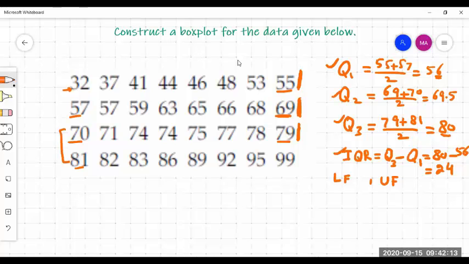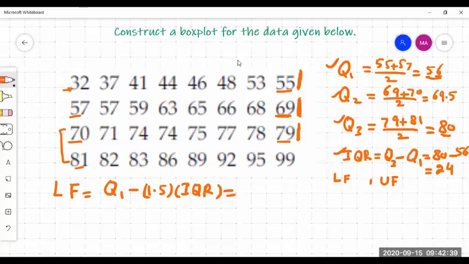The next are LF and UF, the lower fence and upper fence. The lower fence is Q1 minus 1.5 times IQR, the interquartile range, right? And for Q1, we got our 56.